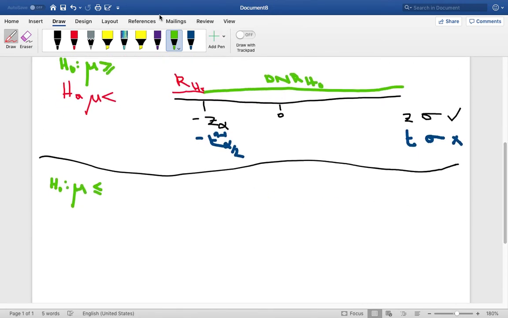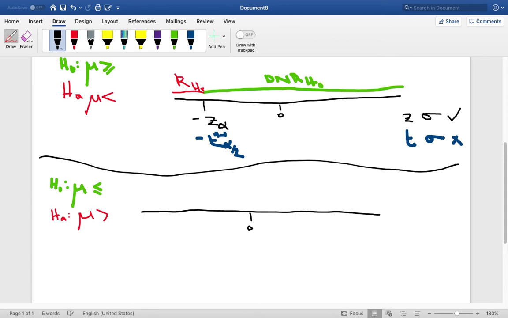The alternative, or the exact opposite to that, HA, is that the mean is greater than. And what's that going to lead to? Again, this is going to lead to a test with only one rejection region. They've all got 0 in the middle.